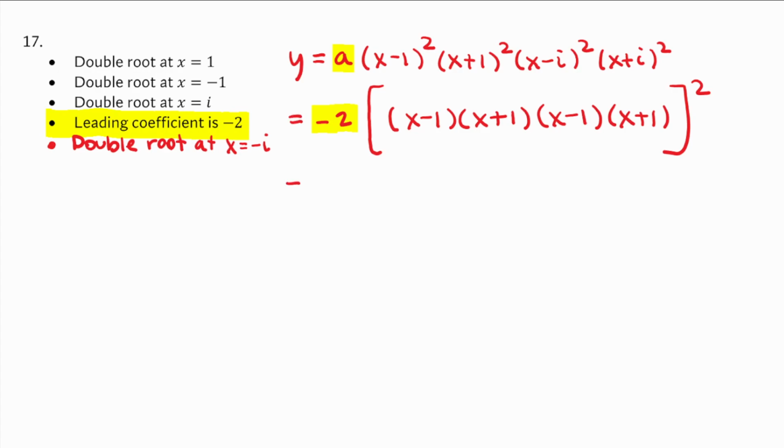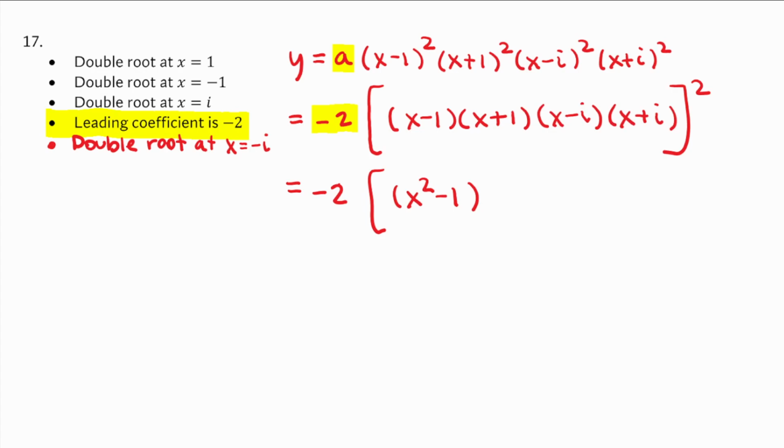And then I'm going to take them 2 at a time. x minus 1 times x plus 1, that's going to be x squared minus 1, right? And then I made a copy error here. It's going to be x minus i and x plus i, pardon me.